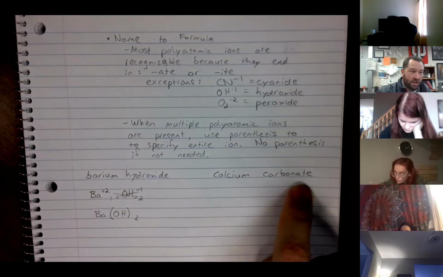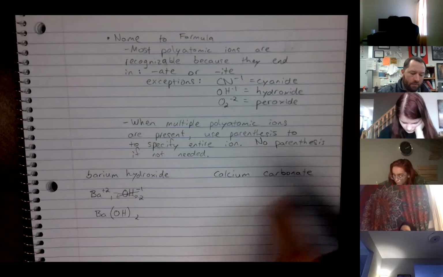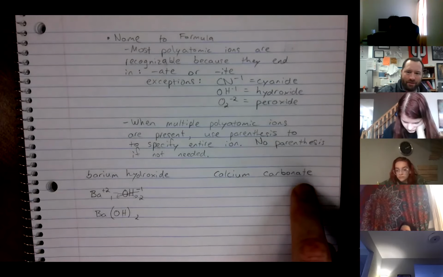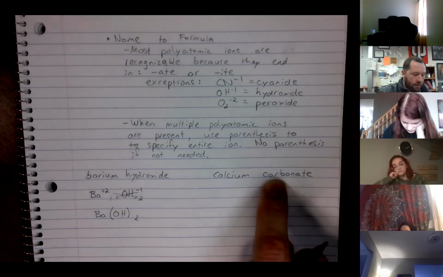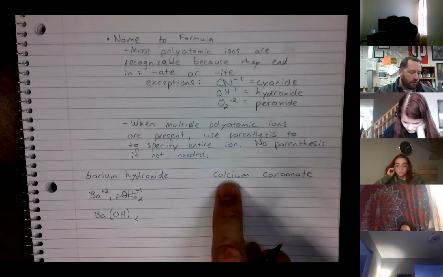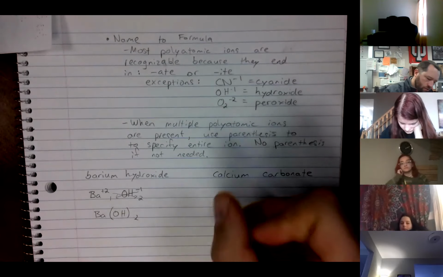Calcium carbonate. Hey, there's that ATE. That's my symbol. I've got a polyatomic ion there. Kind of looks like carbon, but it is not. It is carbonate. It's the polyatomic ion. I'm going to start with the metal, calcium. Find him. There he is. +2 charge.